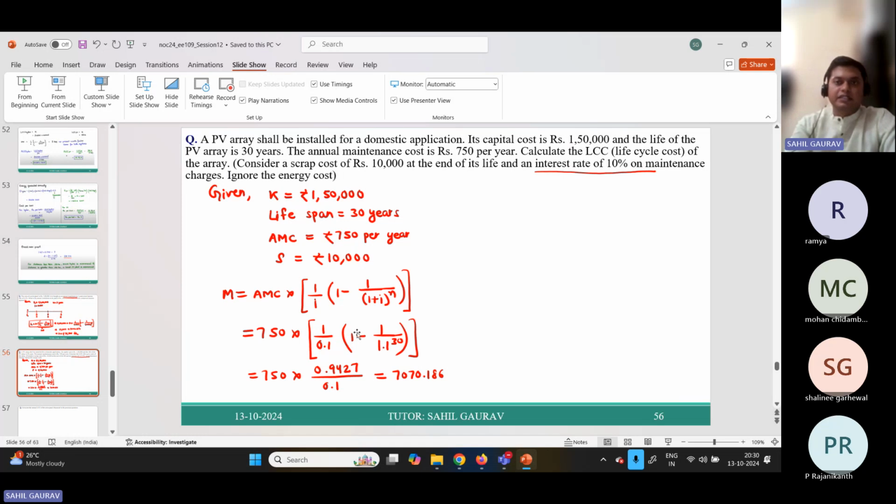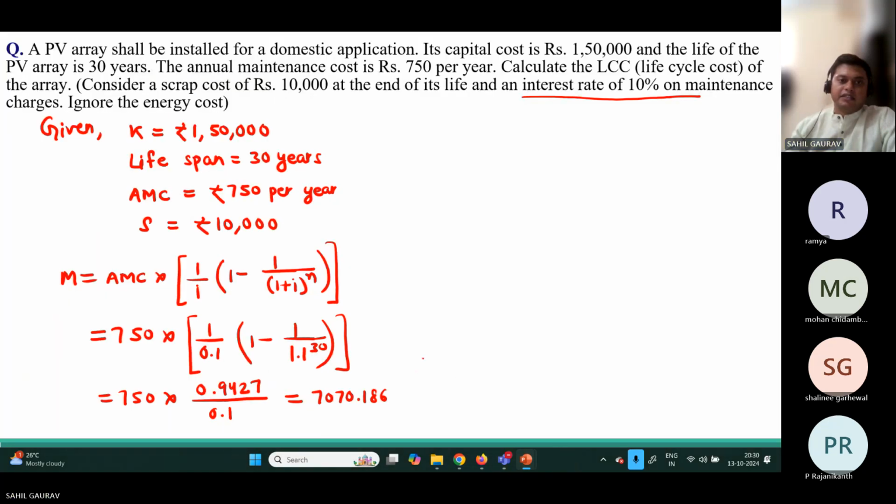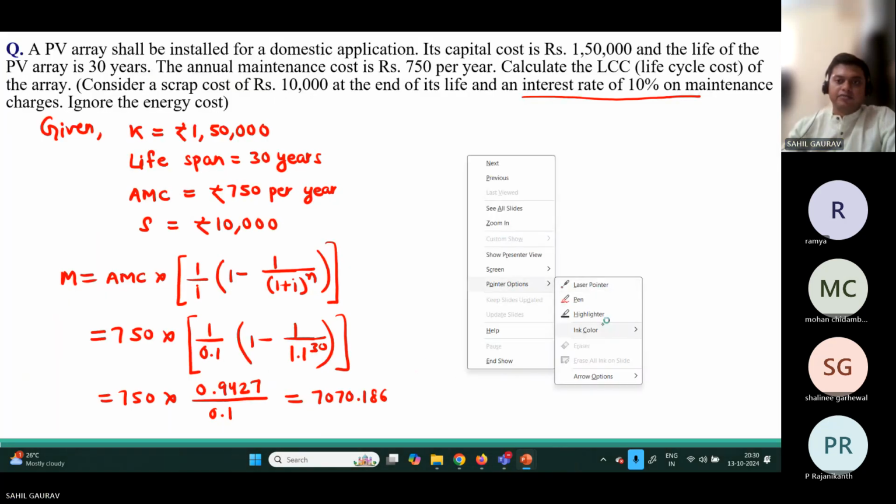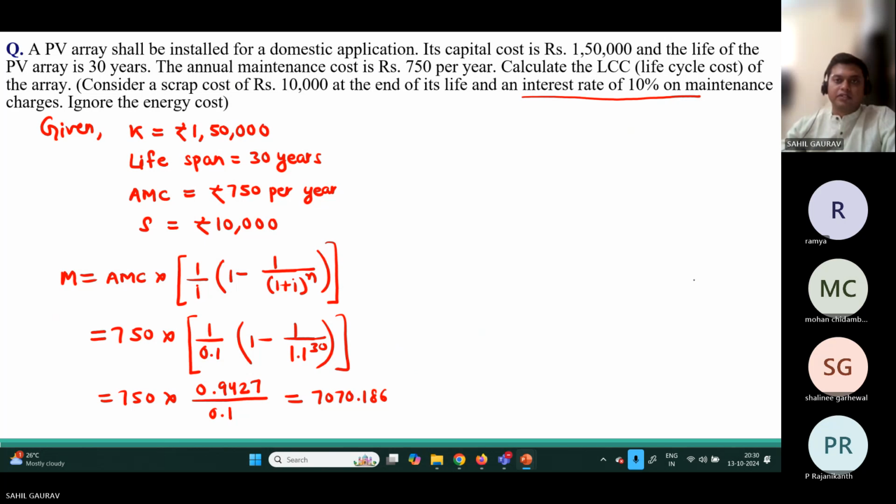In order to calculate this maintenance cost today, it means that you are providing the annual maintenance cost each year, this AMC. So it is year 0, and 1, 2, up to 30 years.